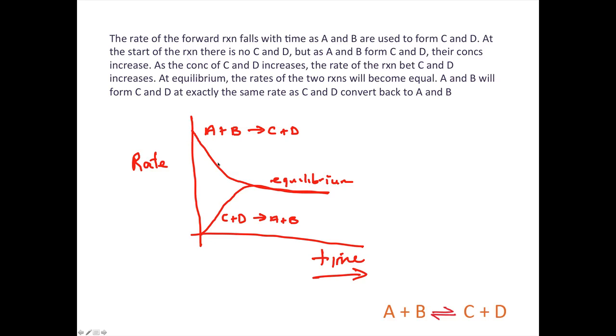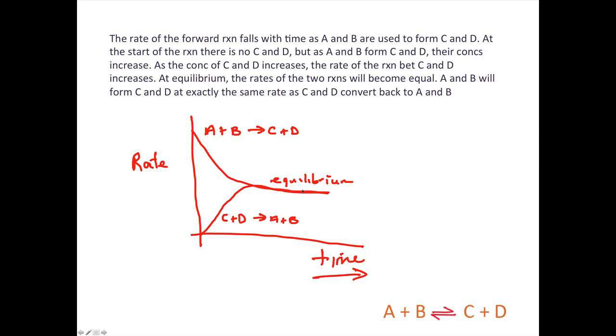But as A and B are being consumed, the rate starts to decrease. And we see here that at a point in time, both rates are going to be constant. They're going to have the same rate. And at this point where the reverse reaction as well as the forward reaction has the same rate, we say that equilibrium has been achieved.